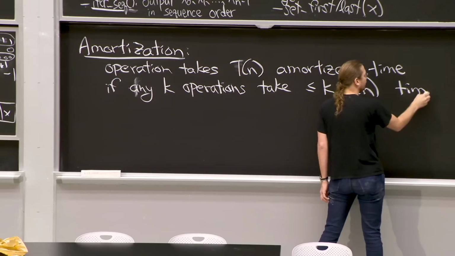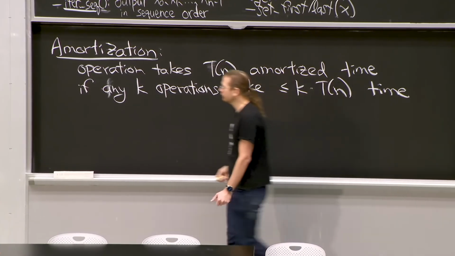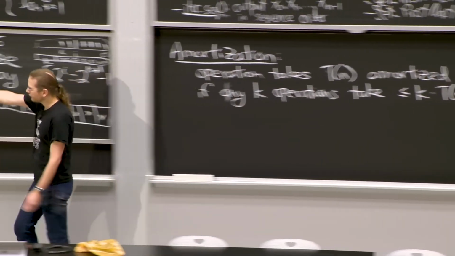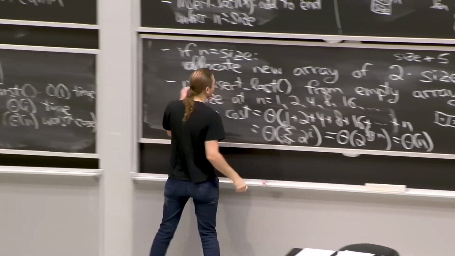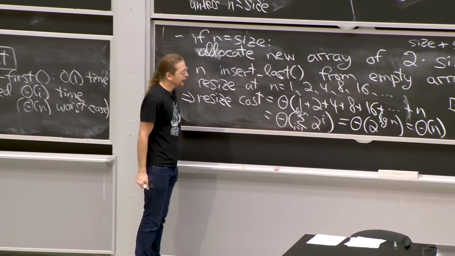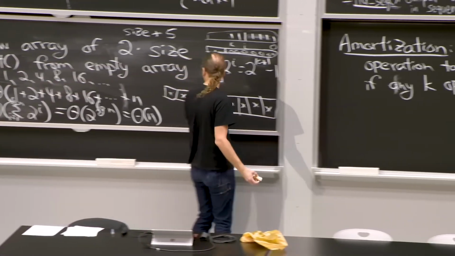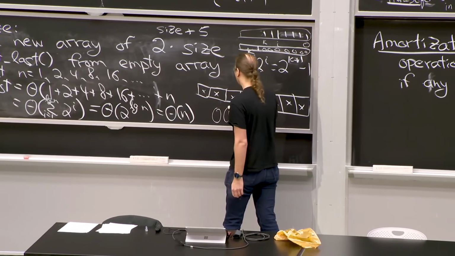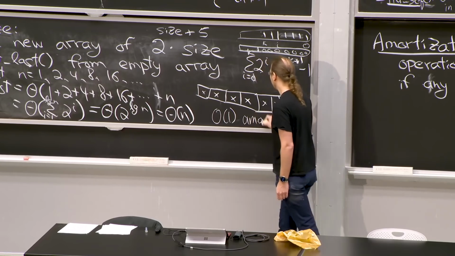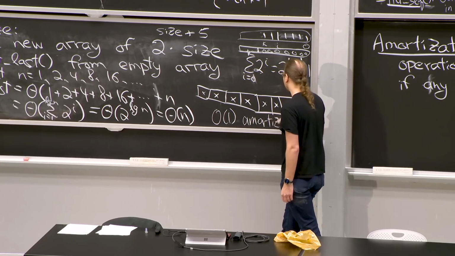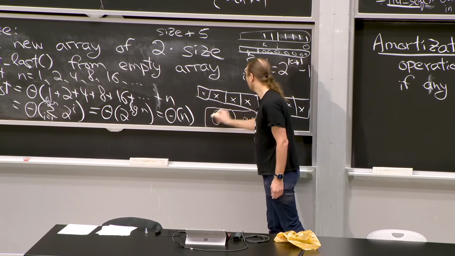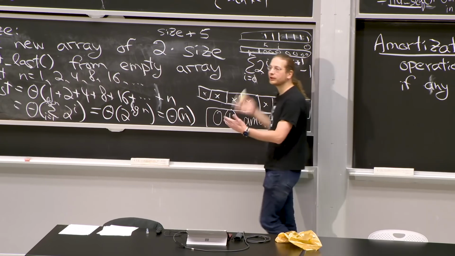This is a little bit sloppy, but it'll be good enough. So the idea is here, if this works for n or k, to do n operations from an empty array here takes linear time, which means I would call this constant amortized. Amortized means a particular kind of averaging. Averaging over the sequence of operations.